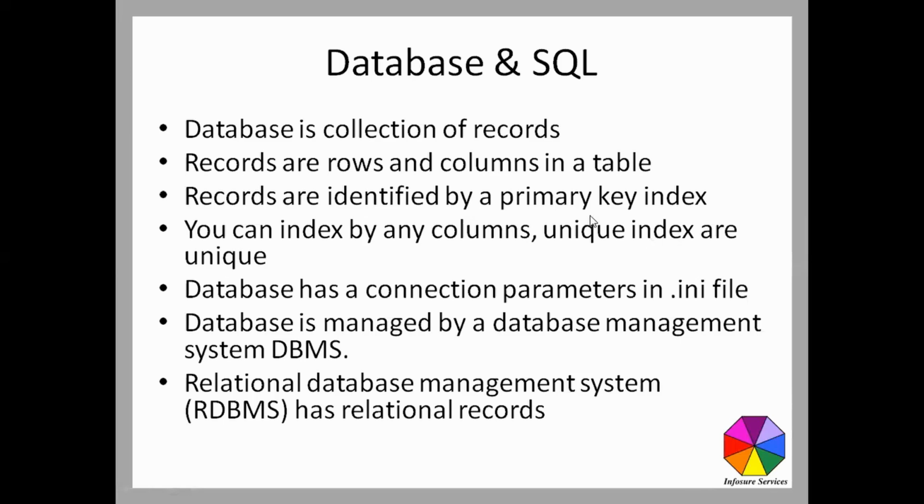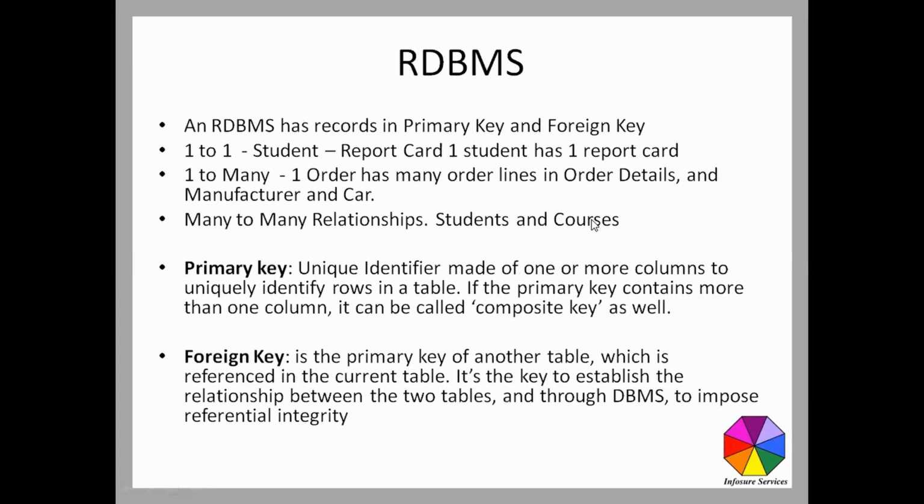Why? Because it's a constraint. We are constraining to have a relationship between two tables, like the primary key of one is the foreign key in the other. The foreign key is the primary key of another table, which is referenced in the current table. It's the key to establish a relationship between two tables through the RDBMS.